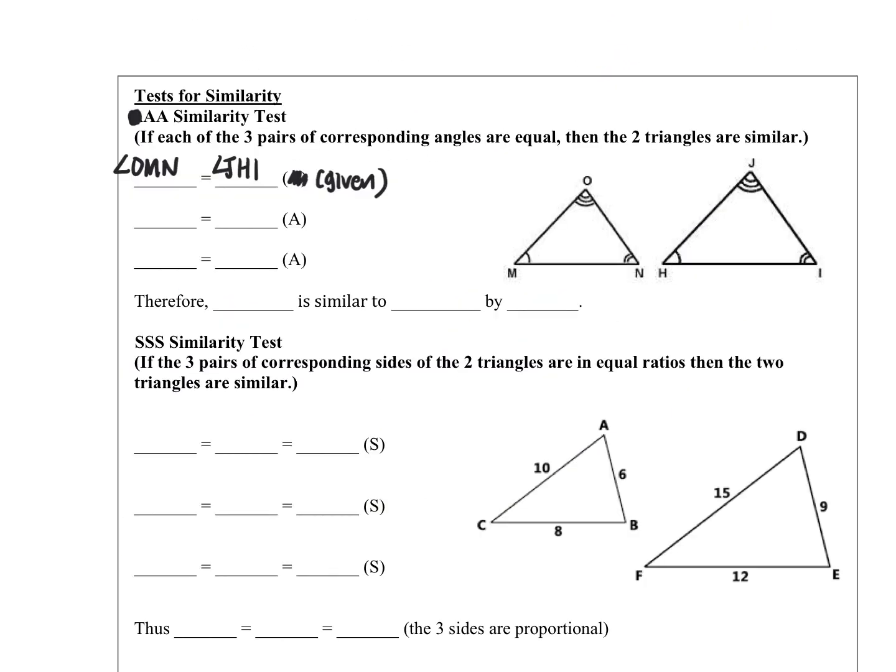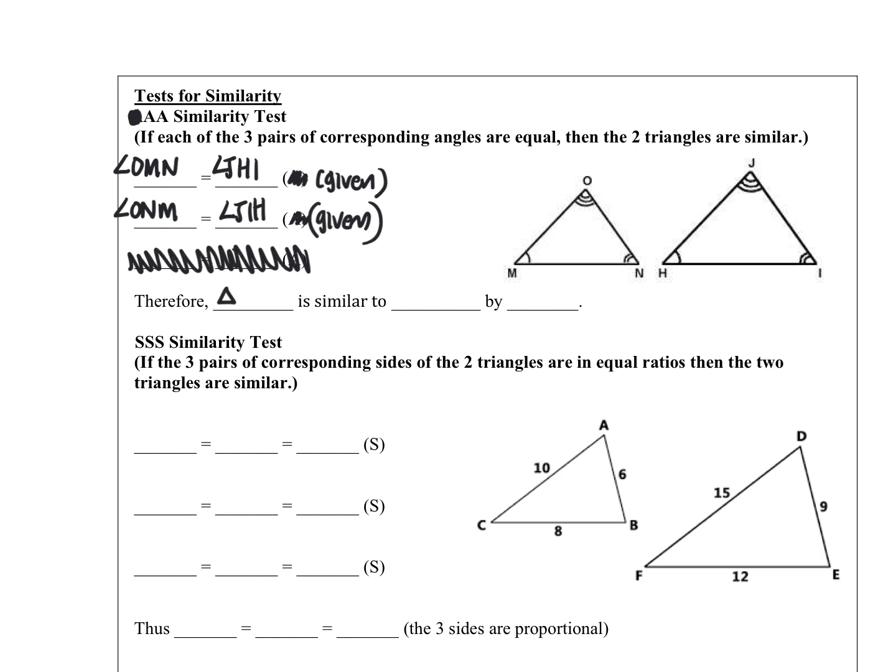Okay, next pair would be ONM and JIH. So again, it's given. The third one is not necessary. If you have a lot of time during exam, then you write the third one, but it's not needed.